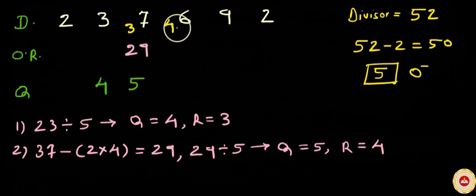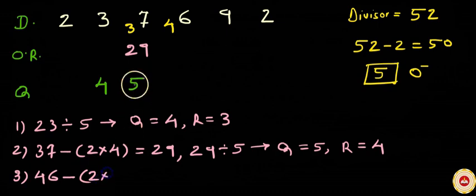Now read this as 46. Next step, let us use this 46 to calculate second osculation number. Subtract from this 46, 2 times last quotient, which is 5, which gives you 46 minus 10, 36. 36 is second osculation number.